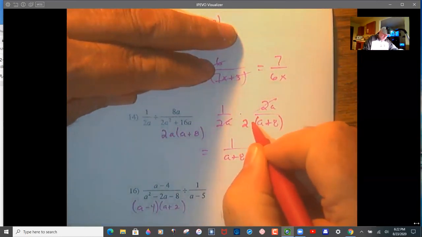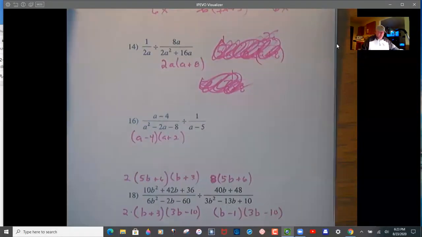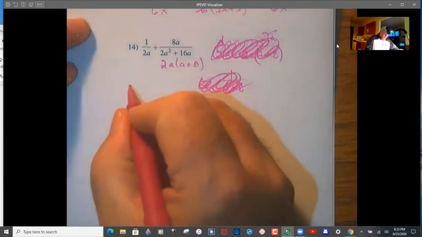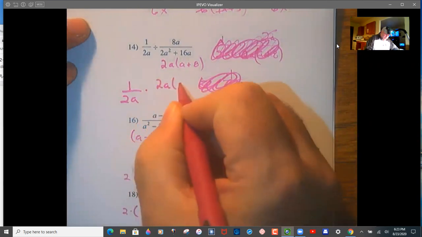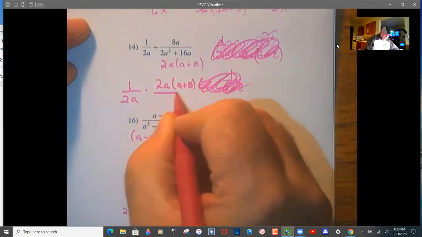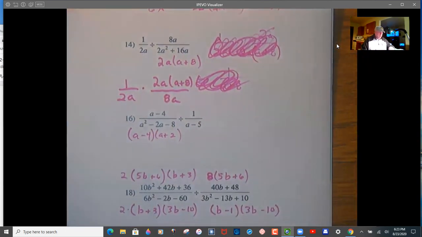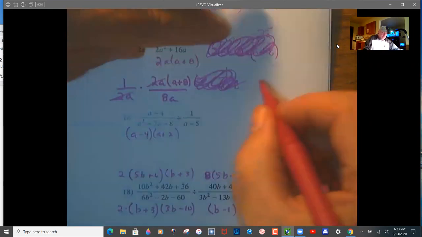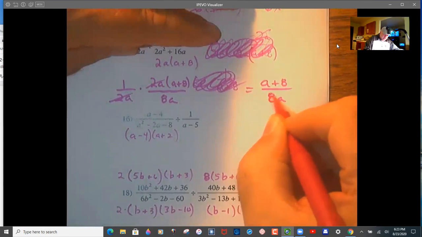There's an 8 there, so let me completely try that again. I wrote it down completely wrong. So it's 1 over 2a times 2a times a plus 8 over 8a. Okay, so the 2a's drop and we have a plus 8 over 8a. Sorry about that.